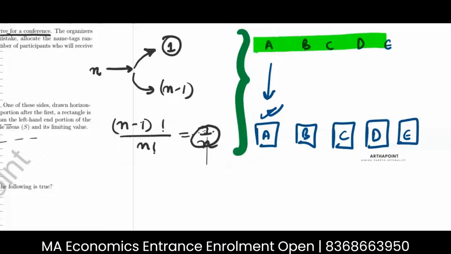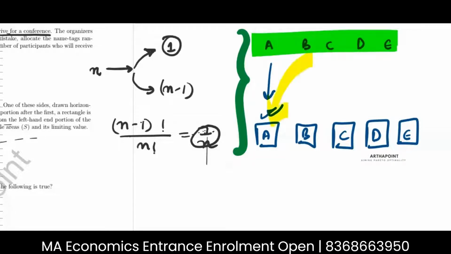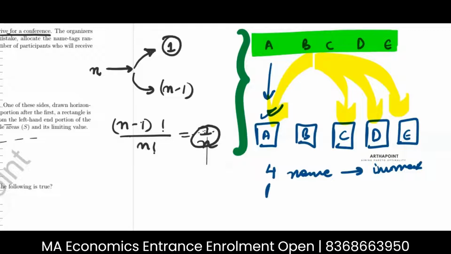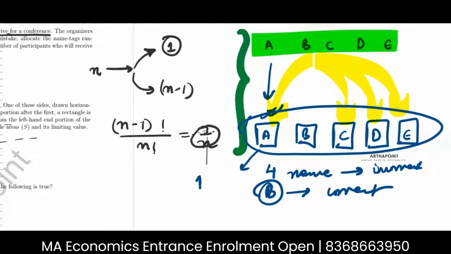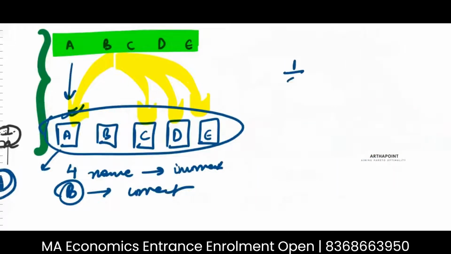Now, when these participants are randomly given these name tags, it may be possible that B may get A, B may get C, B may get D, B may get E. So B may get the remaining 4 name tags. That is also possible. All of these are incorrect name tags. And B may get his own name tag, which is the correct name tag. So out of the 5 name tags, there is only one correct name tag for B. And the remaining 4 are incorrect name tags. So the probability of getting a correct name tag is 1 by n. Same goes for each person.